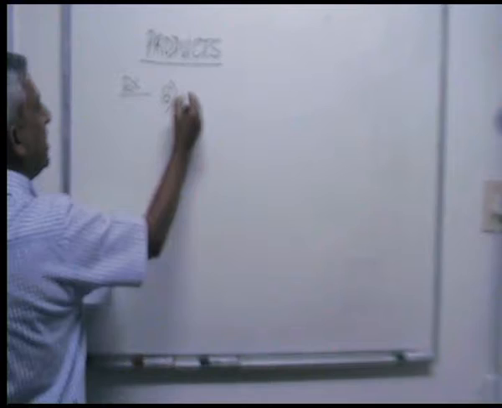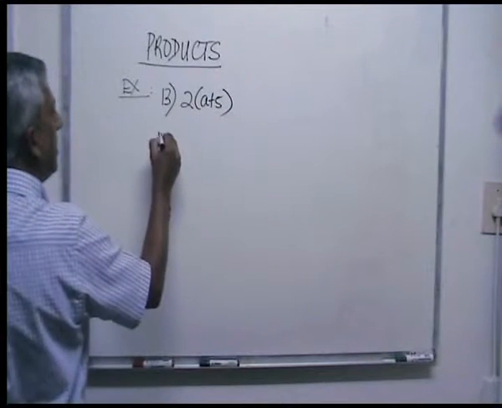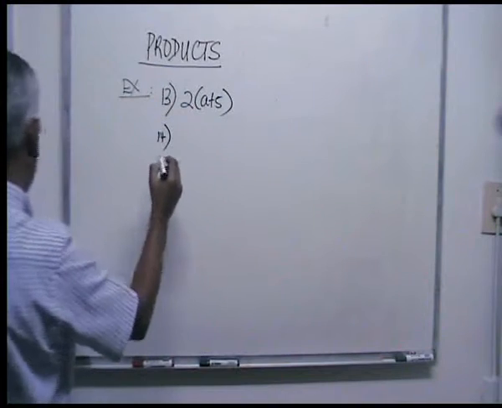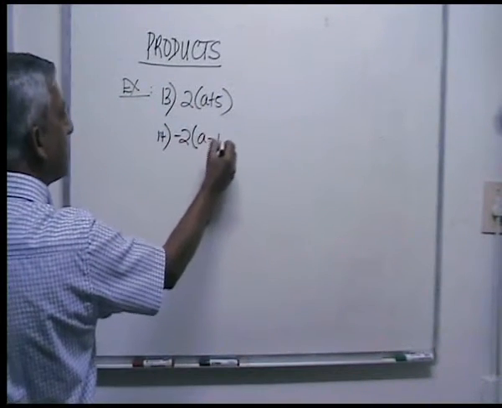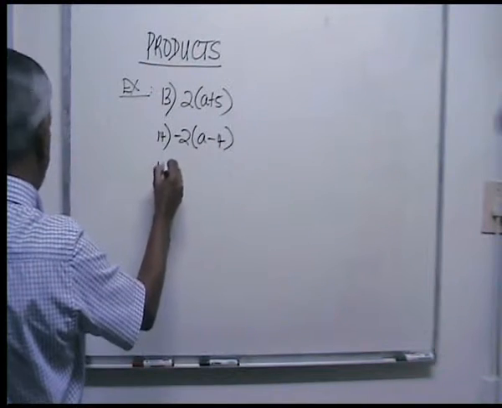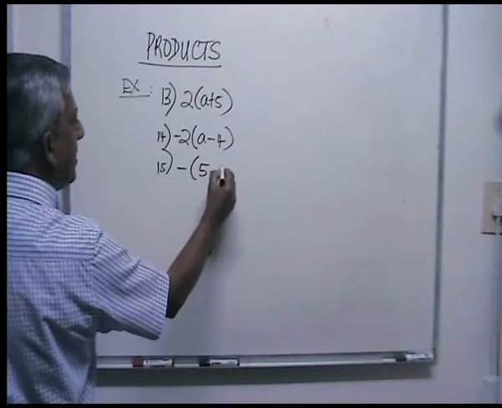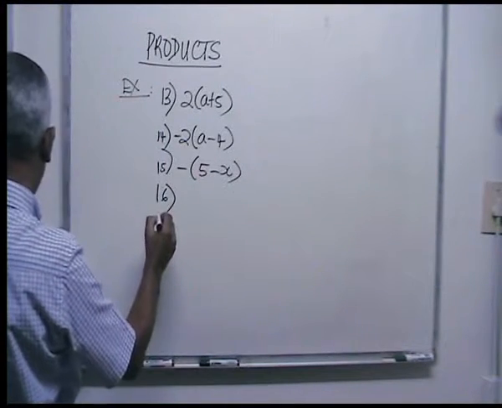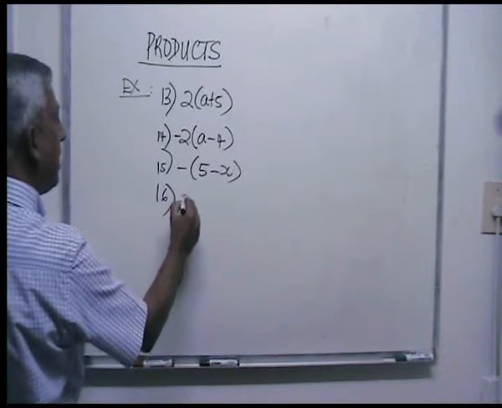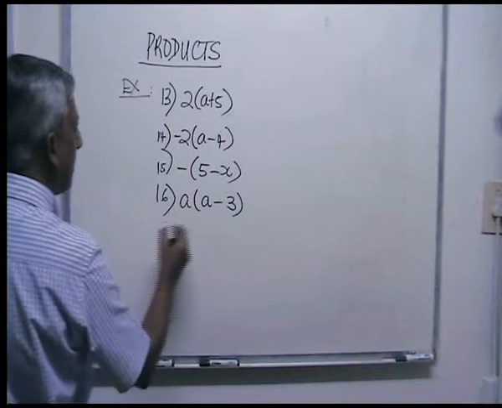So number 13 would be 2 into a plus 5. Number 14, minus 2 into a minus 4. Number 15, minus into 5 minus x. Number 16, a into a minus 3.